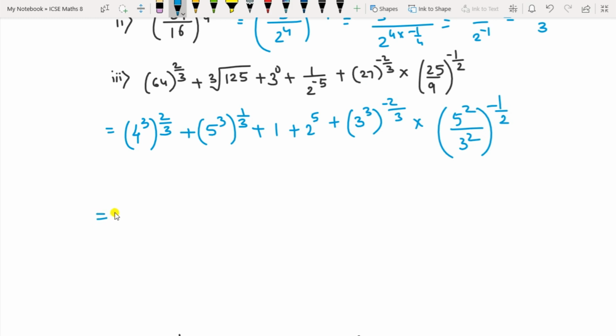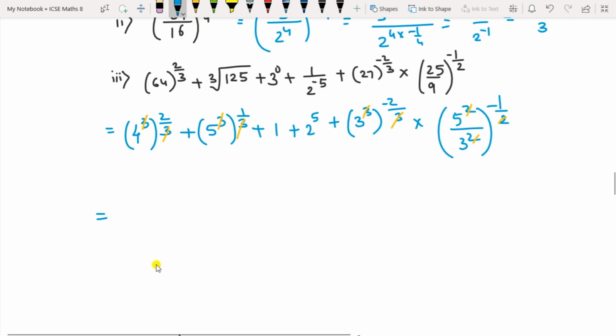Okay. So now you can see this 3 gets cancelled here. Here this 3 gets cancelled, and these 2 with both these numbers will get cancelled. Here also these 2 will get cancelled.